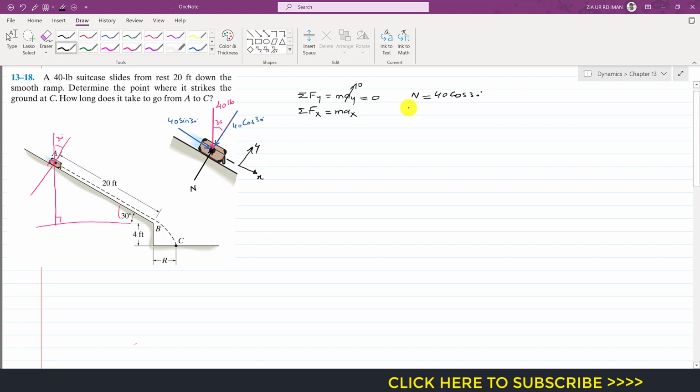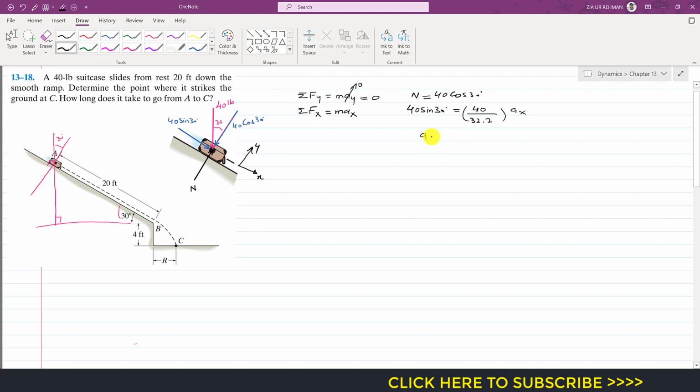So I will write that 40 sine of 30 degrees will be equal to the mass of the briefcase, which is 40. This is the weight, so we have to divide it by g, 32.2, and this is into a_x.